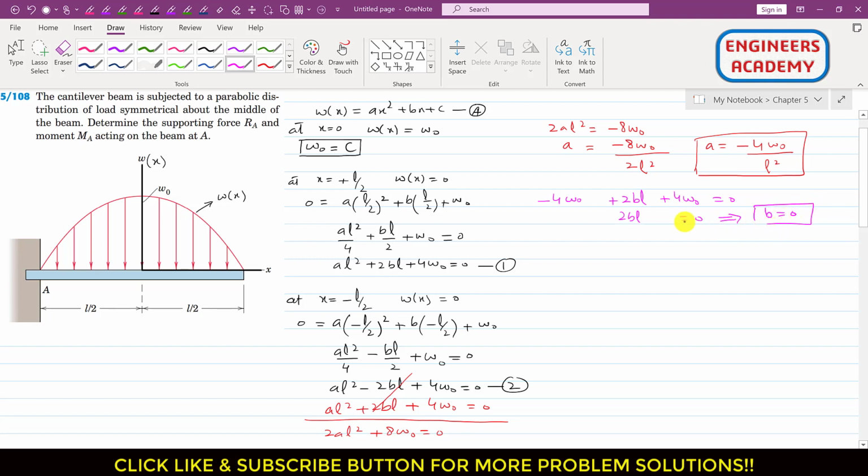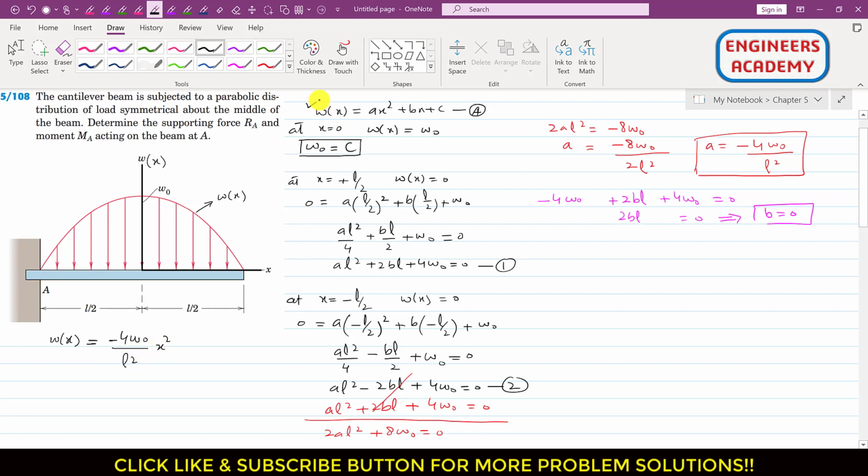So now we can put these a, b, c values in that equation A, and that will be the equation which will define this parabolic curve, right? So we can write that w of x is equal to ax square. So a is minus 4 omega naught divided by l square into x square.